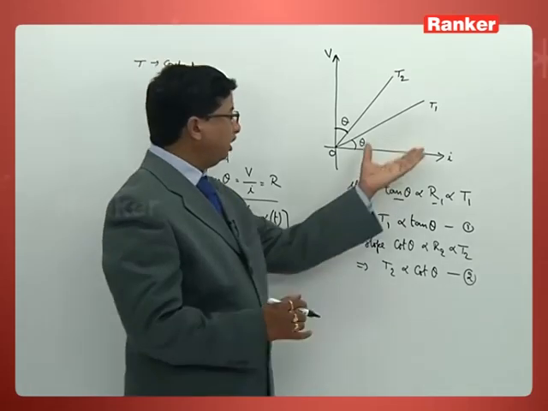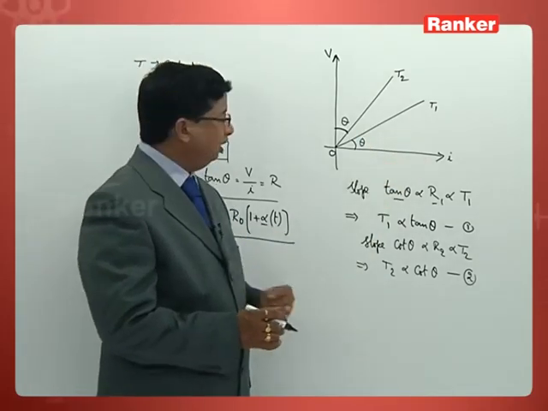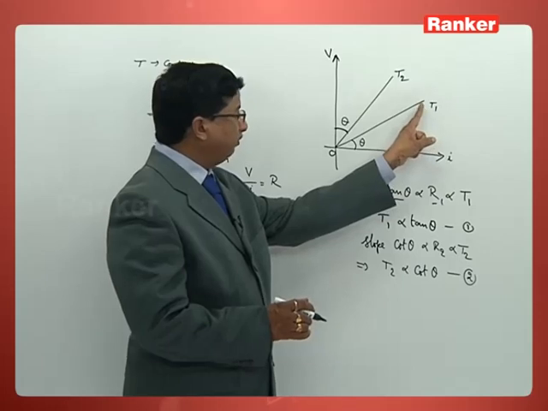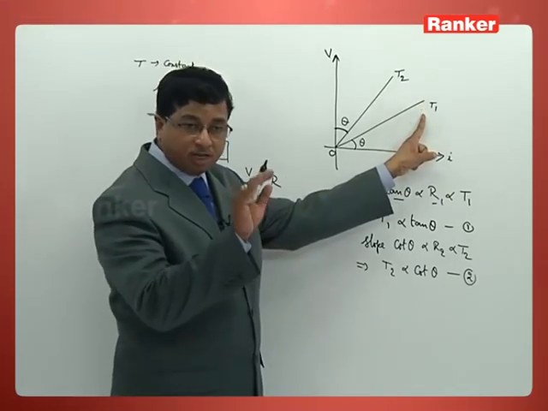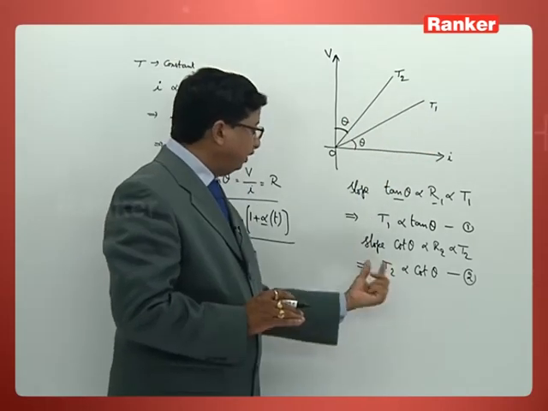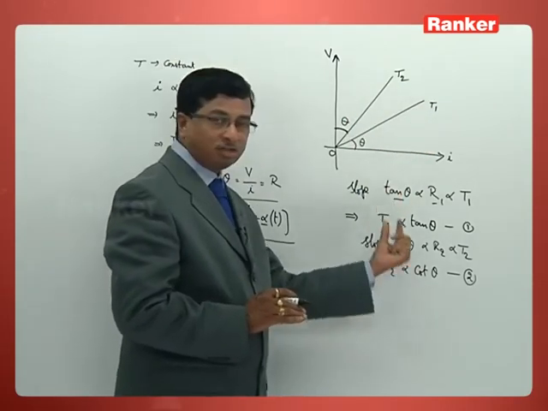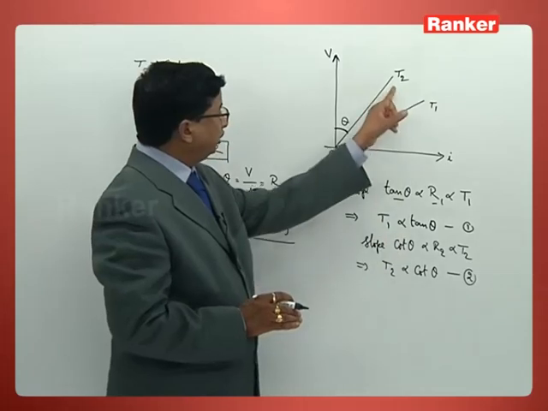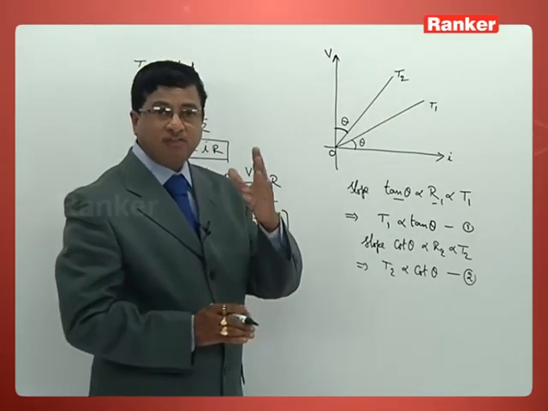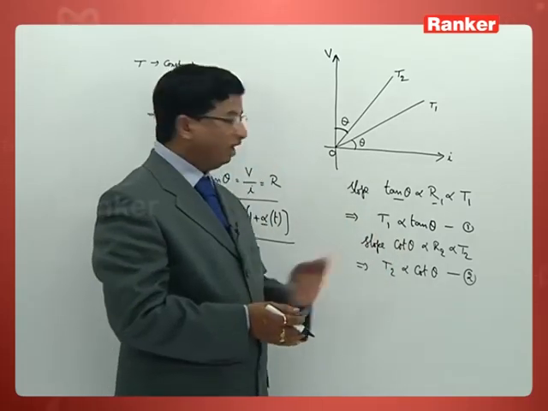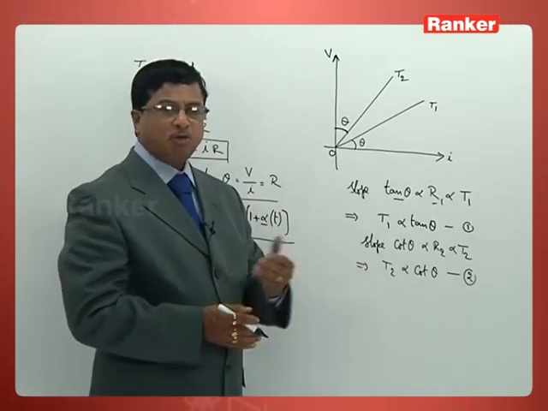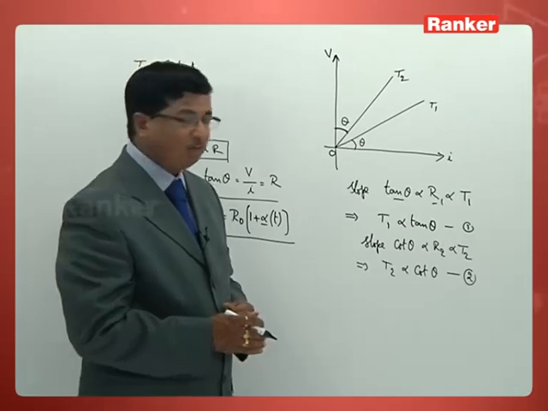One should understand from this that at T1 Kelvin or degree centigrade, whatever you talk about, resistance is proportional to tan theta. At T2 temperature, resistance is proportional to cot theta. That is the concept. But what is he asking us to calculate?